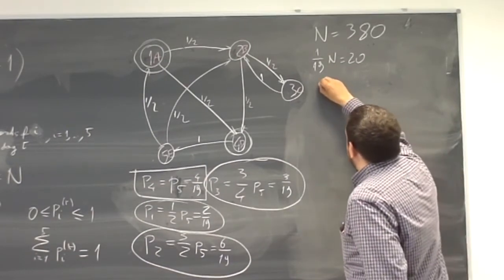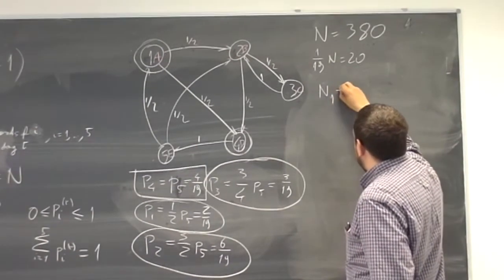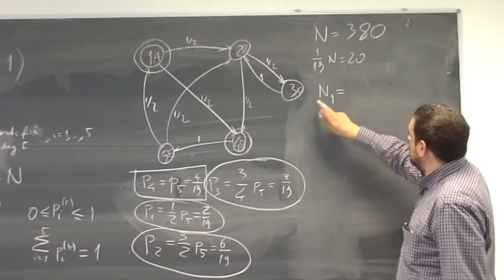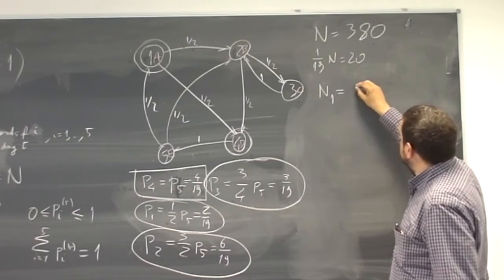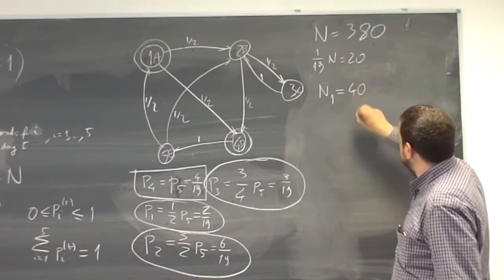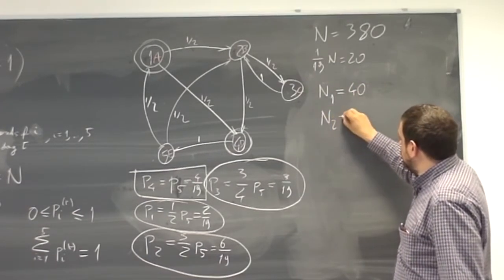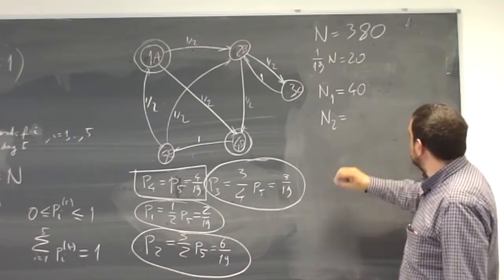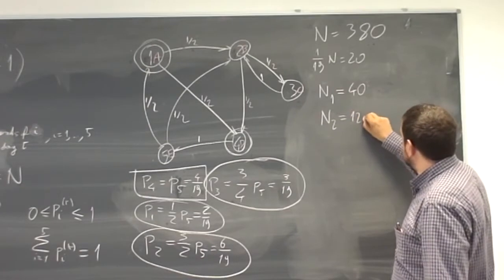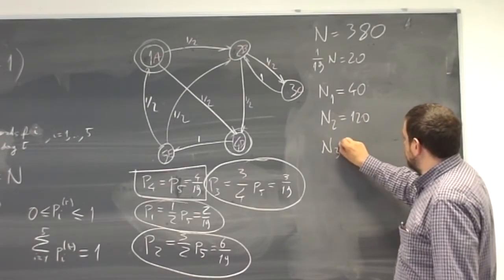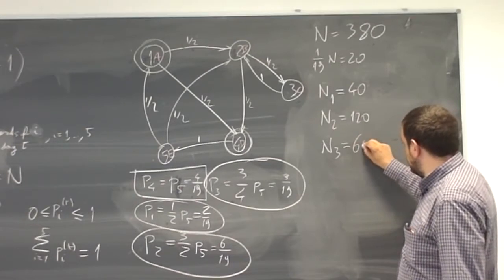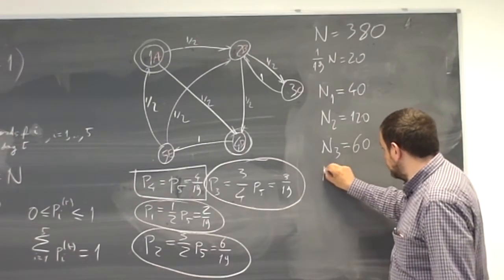So meaning that the number of cards of player 1 is 2/19 of n, so it's 40. The number of cards of player 2 is 6/19, so 120. The number of cards of player 3 is 3/19, 60.